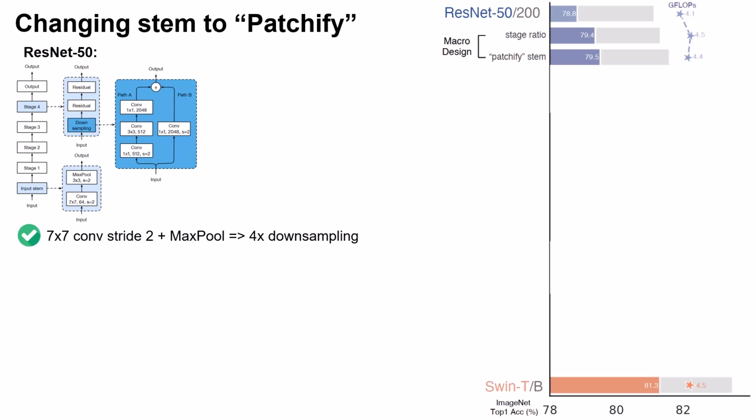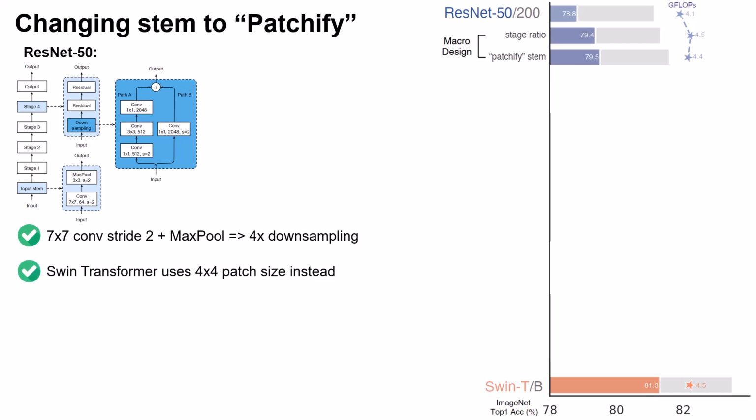And it does nothing but 4 times downsampling, because the original images that we give to the model have resolutions like 224 by 224, and they have lots of pixels that are redundant and do not give us any information. And by doing this downsampling, we end up with a smaller resolution like 56 by 56, and the pixels have more semantics.